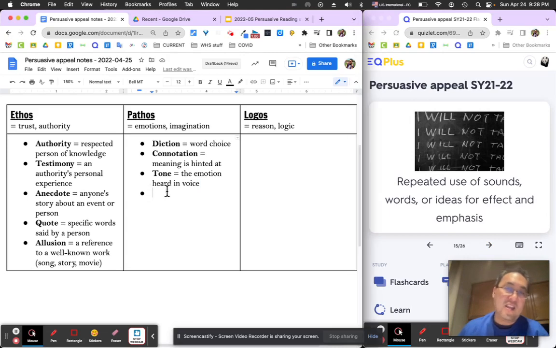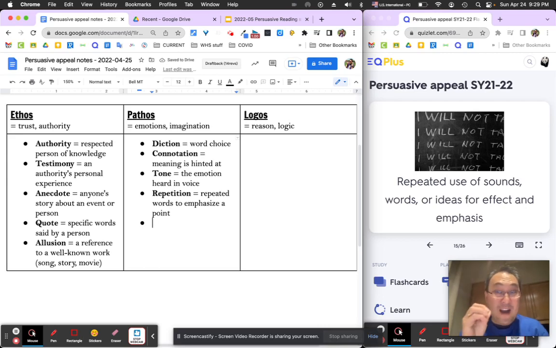Repetition. I think you guys know repetition, but we use repetition in speech to make emphasis. Repeated words emphasize a point. Like, how many times did I say, for the SAT, do not have your digital device on you?